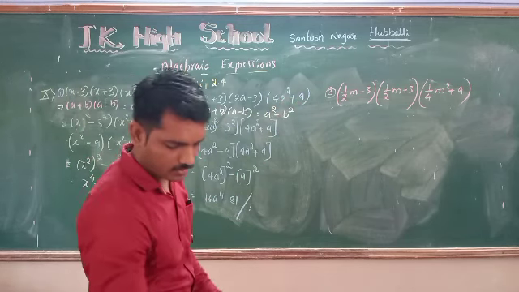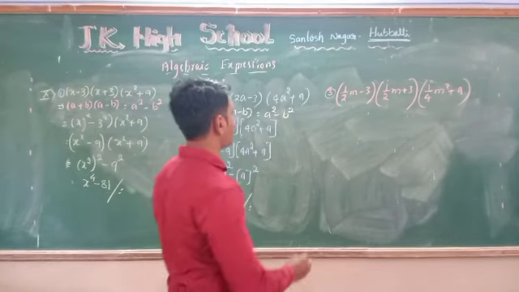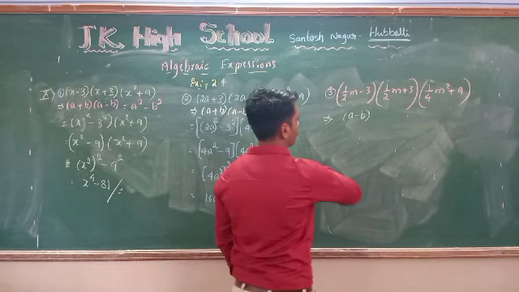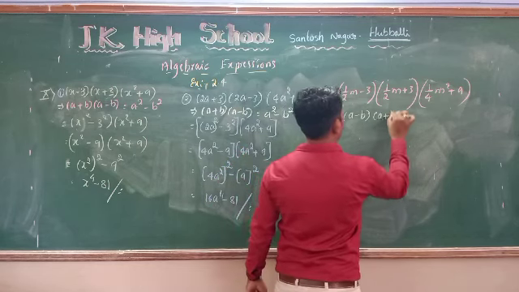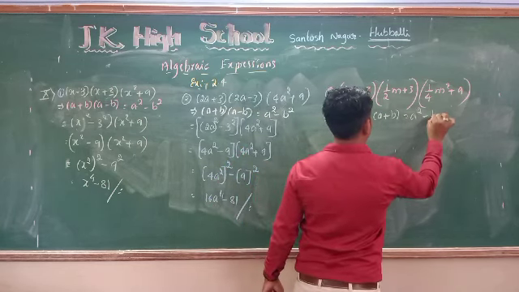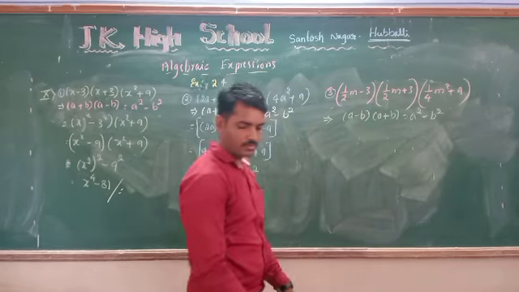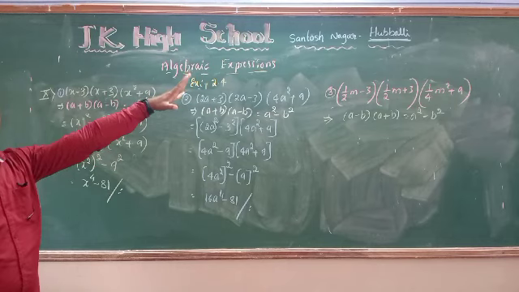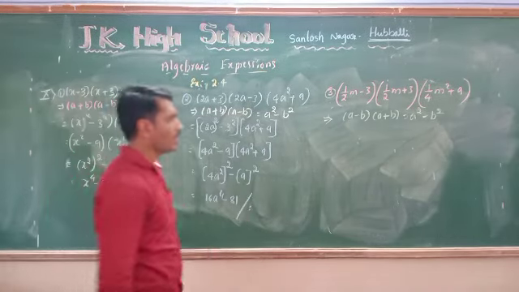So the question, otherwise the term which is under what? The conditional identity. What's the conditional identity? A minus b into a plus b is equal to a square minus b square. This whole thing totally depends upon the identity, that is a minus b into a plus b.